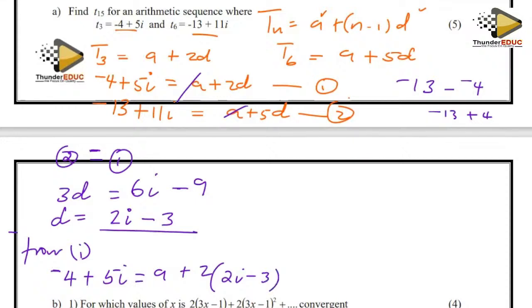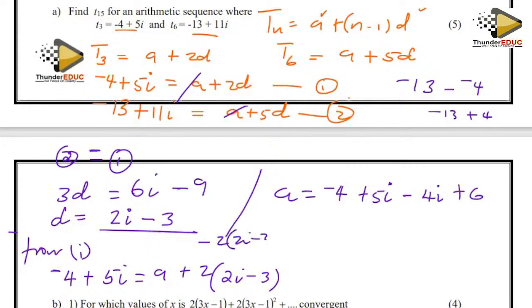I will transpose this to that side so that I have a being the same as negative 4 plus 5i minus 4i plus 6. I move this bracket aside, so it will be a negative bracket. Okay, and then when I open it up, I end up with that. So 5i minus 4i is just an i. Negative 4 plus 6, that's a 2. So this is our a value.